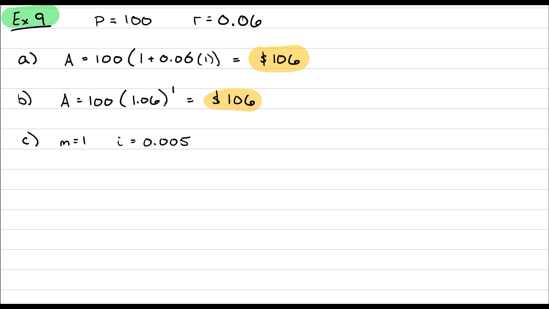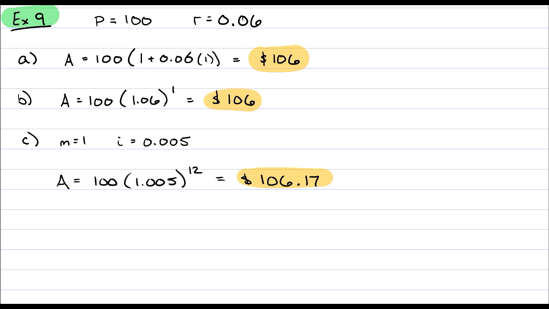So A is equal to 100 times 1.005. I'm looking at 1 year, so that's 12 months. And then if I go ahead and calculate this, I get $106.17. So I actually get a little bit more than $106.